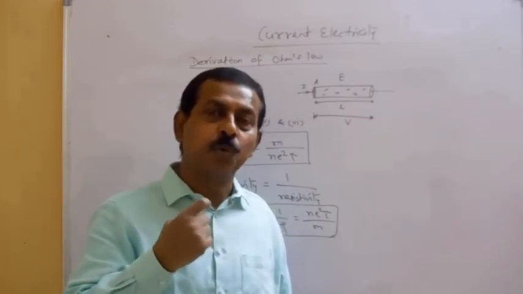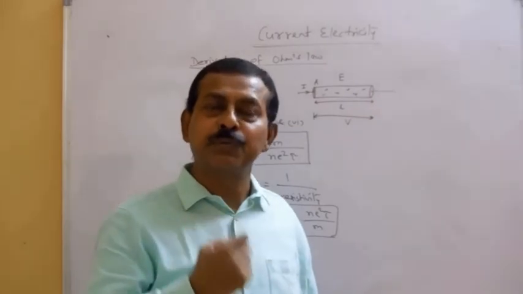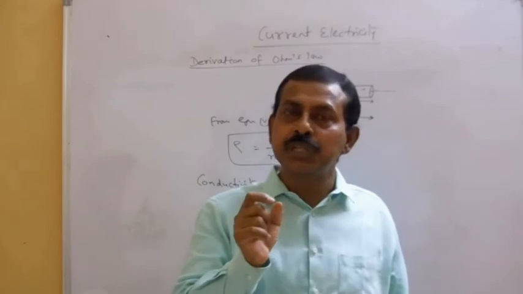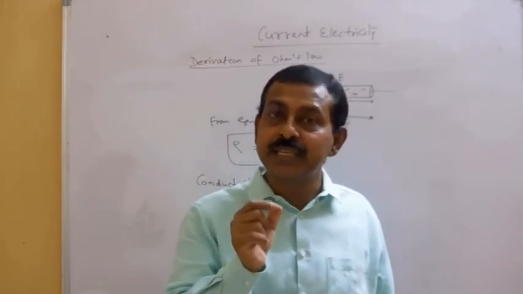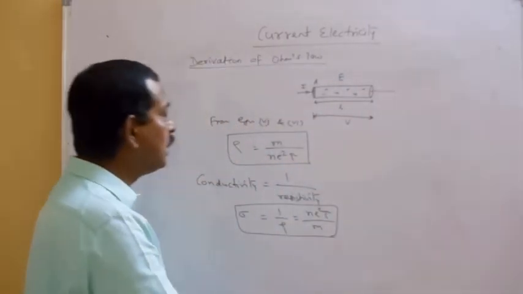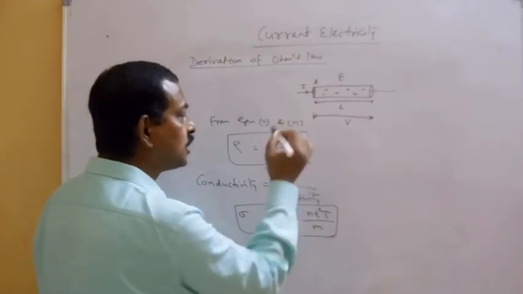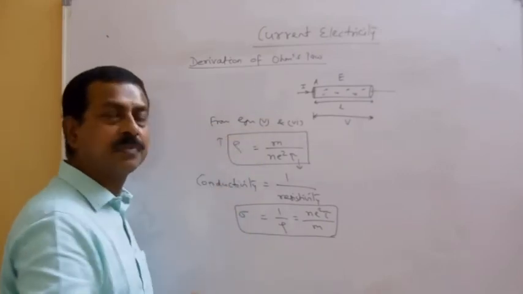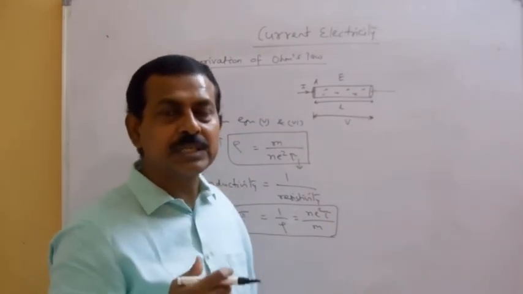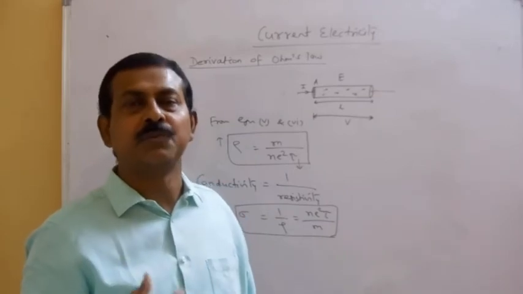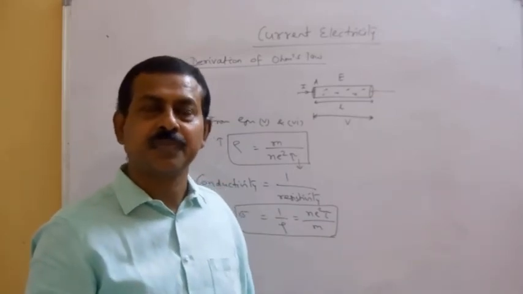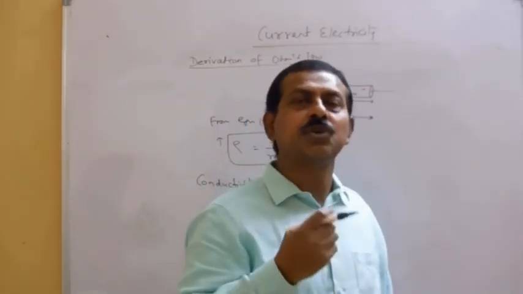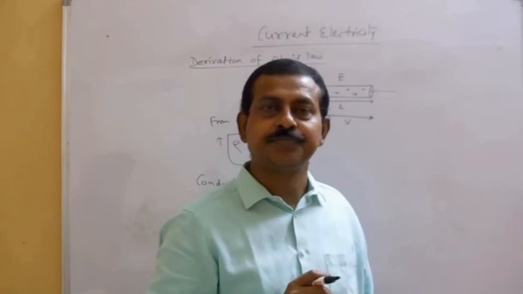As they move more rapidly, they will have more frequent collisions, and the duration between two successive collisions will decrease. So you can see, if this tau is decreasing, then obviously the specific resistance will increase. And if the specific resistance increases, then the resistance of the material will also increase. This is why when we increase temperature, the resistance of a conductor increases.